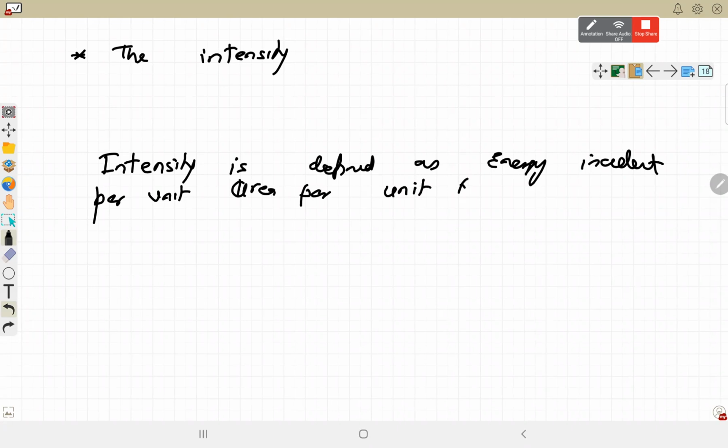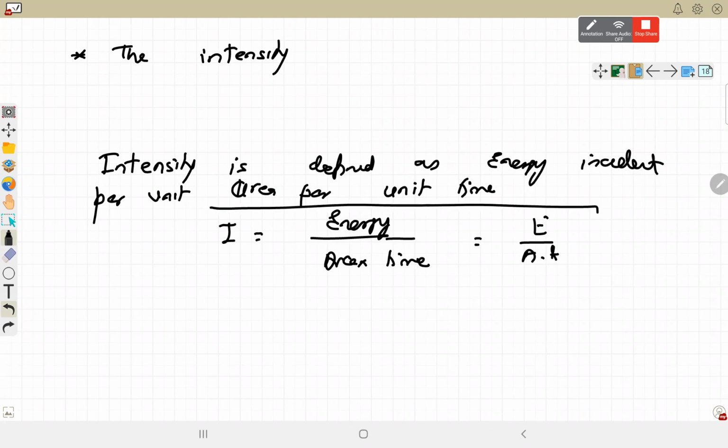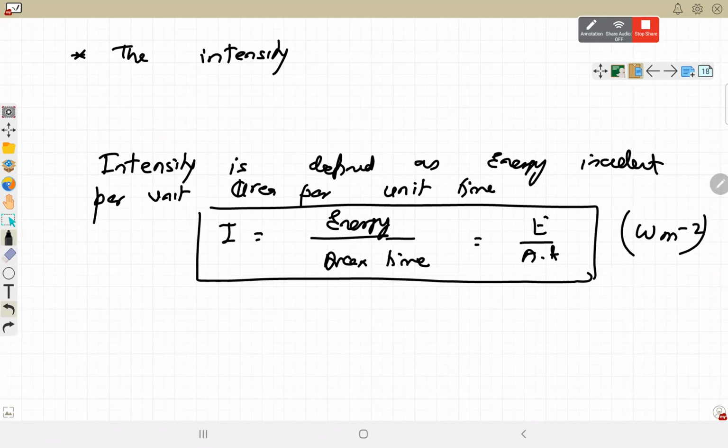So intensity is total energy, whatever it is, it can be light energy, it can be heat energy, per unit area into time. E divided by A into T, that is the intensity. Energy is joule per meter square into second, or joule per second is watt, so its unit will be watt per meter square. That's the meaning of intensity.